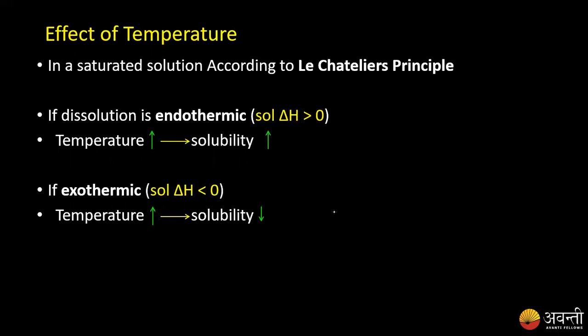Solubility is defined at a fixed amount of solvent, right? So for that fixed amount of solvent, the solubility will remain constant. So if I say what will happen with the solubility, then solubility will remain constant on dilution.